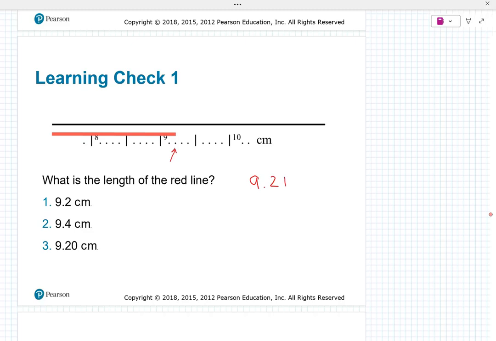Fine. So basically, based on the ruler that we are given, which of these 3 numbers is the correct way? Yes. The book says it's 9.20. You say it's 9.21. It's fine with me. It's not about the actual length, it's about how you record your measurement.